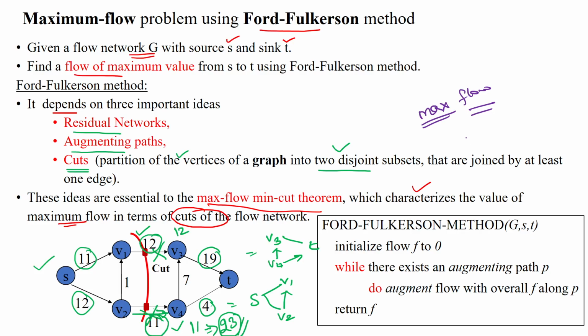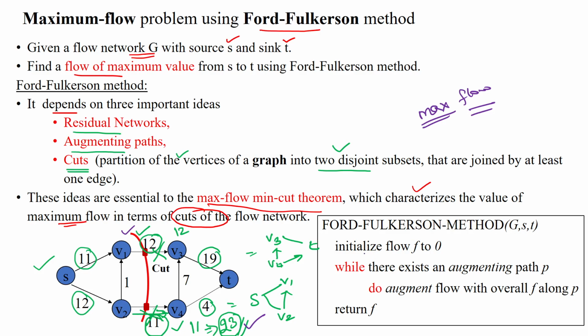After calculating that max flow, we can make the cuts by using the max flow min cut theorem. Min cut means when you are removing the edges, it should give you two different graphs or networks. That removed edge weight should be minimum when you make a cut in the graph.